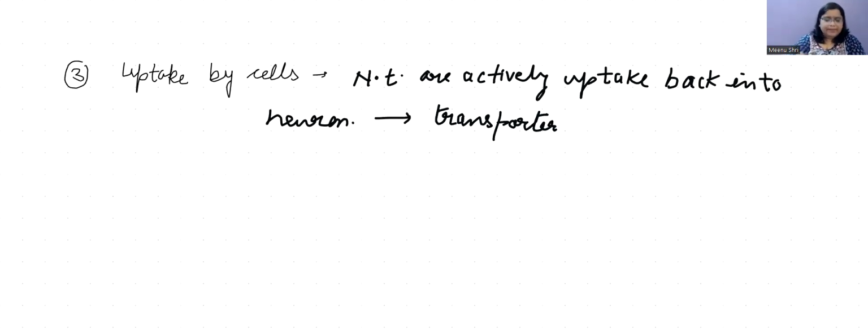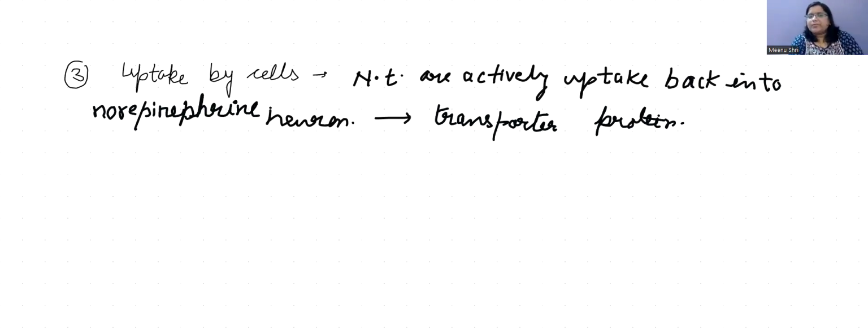What is an example of a neurotransmitter that is actively taken up by the transporter proteins? For example, norepinephrine. Norepinephrine is a neurotransmitter which is actively taken up back into the neurons by the transporter proteins.